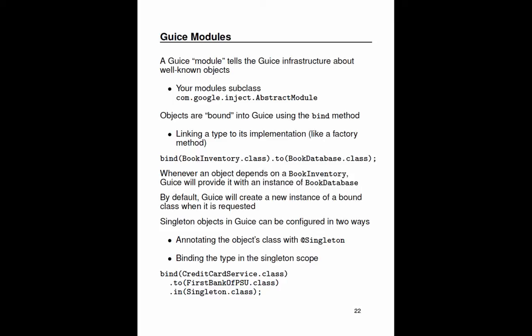So when you bind something like CreditCardService to its implementation, FirstBankOfPSU, you can say I want to bind it in the singleton scope. And so you can configure it here. But regardless of how you configure it, when Guice sees that you're trying to create a singleton, it will create one instance of it and then provide that same instance to all of the consumers.